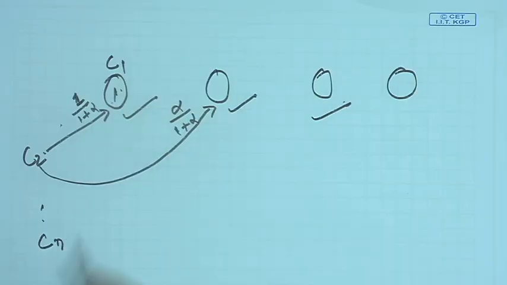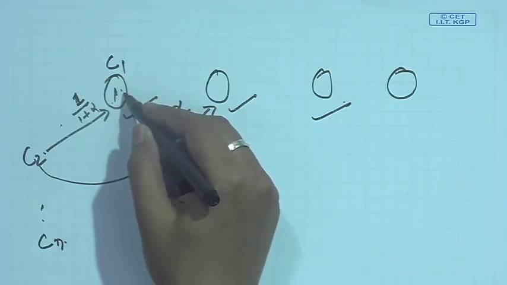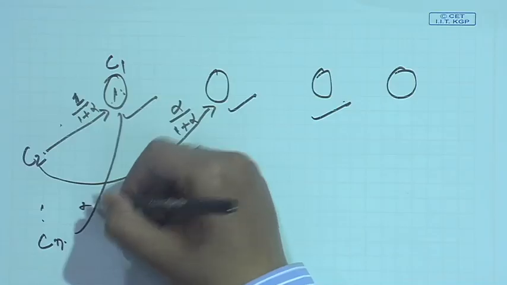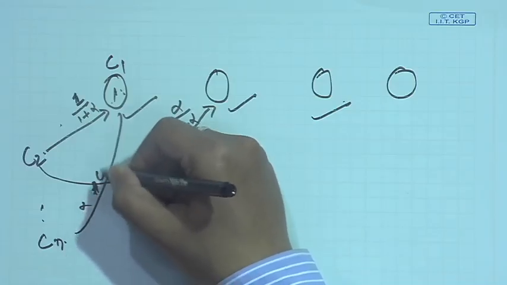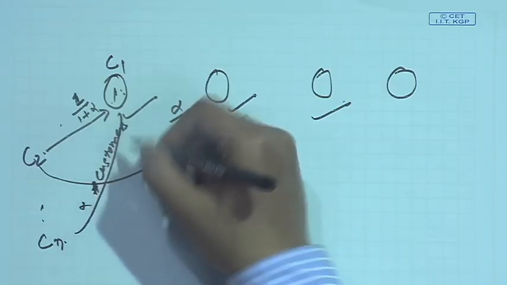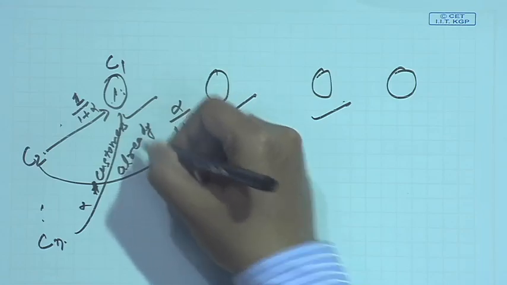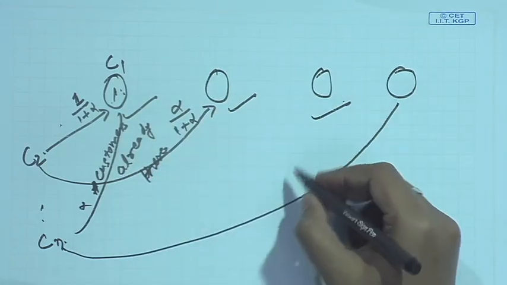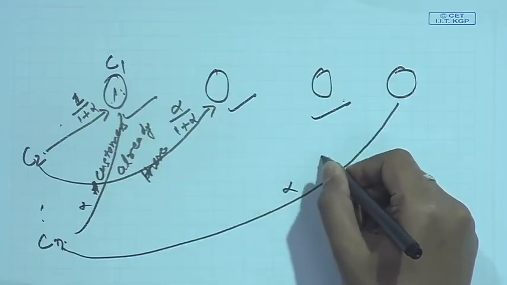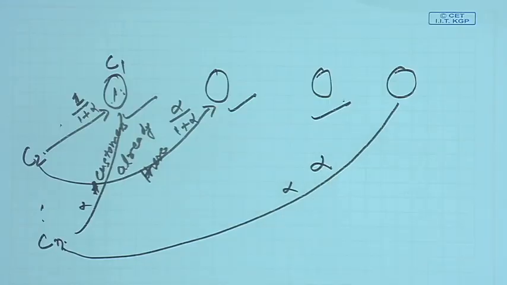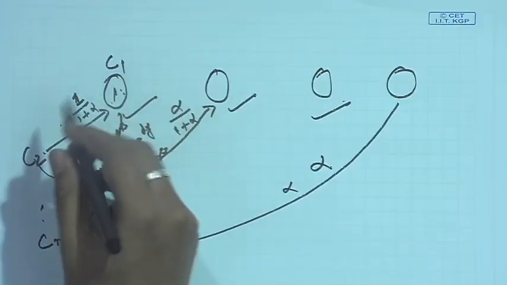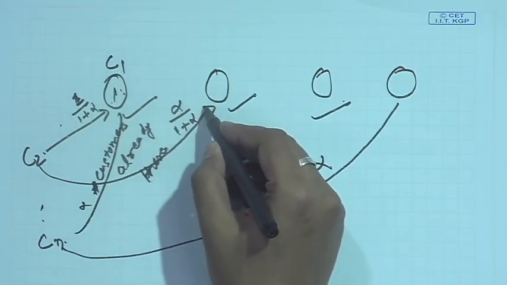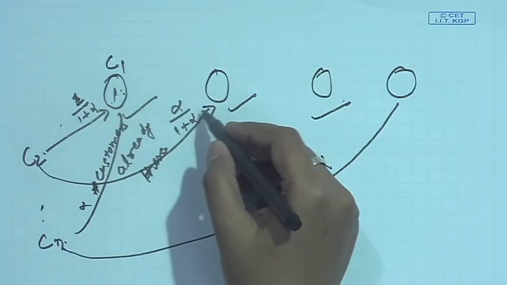It can sit at any of the occupied tables with a probability proportional to the number of customers already there, and at a new table with a probability proportional to alpha. Remember that is what we did here. This is proportional to 1, this is proportional to alpha, and then we normalize, we get 1 divided by 1 plus alpha, alpha divided by 1 plus alpha.